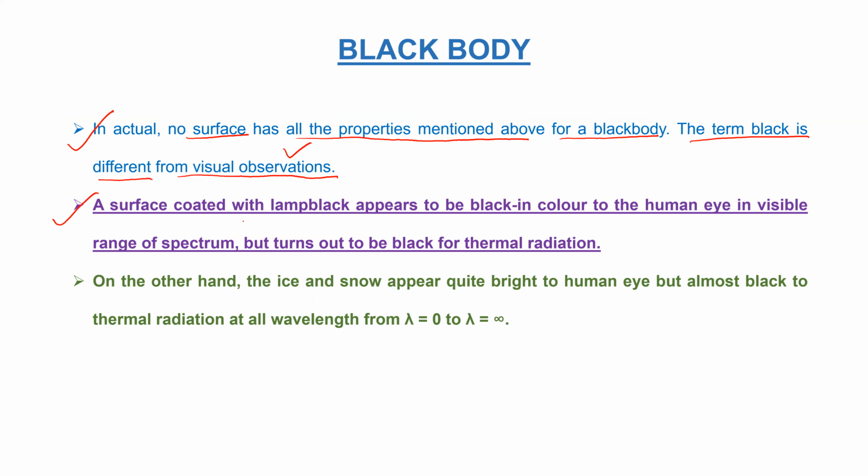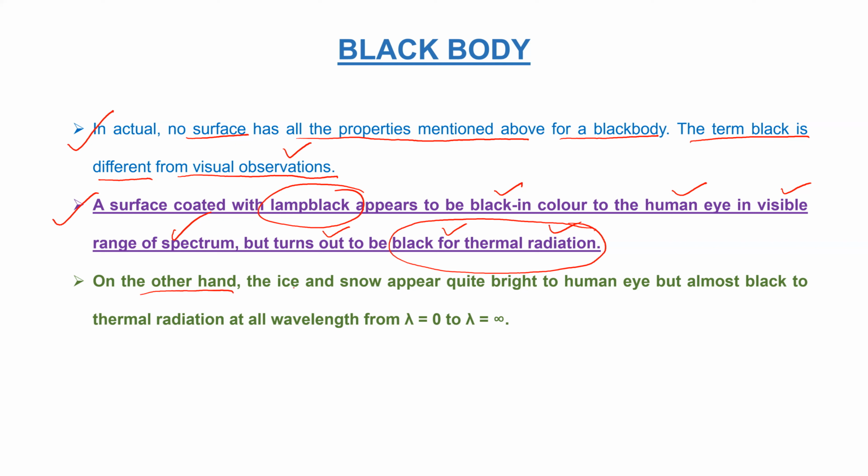A surface coated with lamp black appears black in color to the human eye in the visible range of spectrum, and turns out to be black for thermal radiation also. So it is black visually as well as for thermal radiation. That means it's going to emit the maximum amount of energy, so it can be considered a black body.